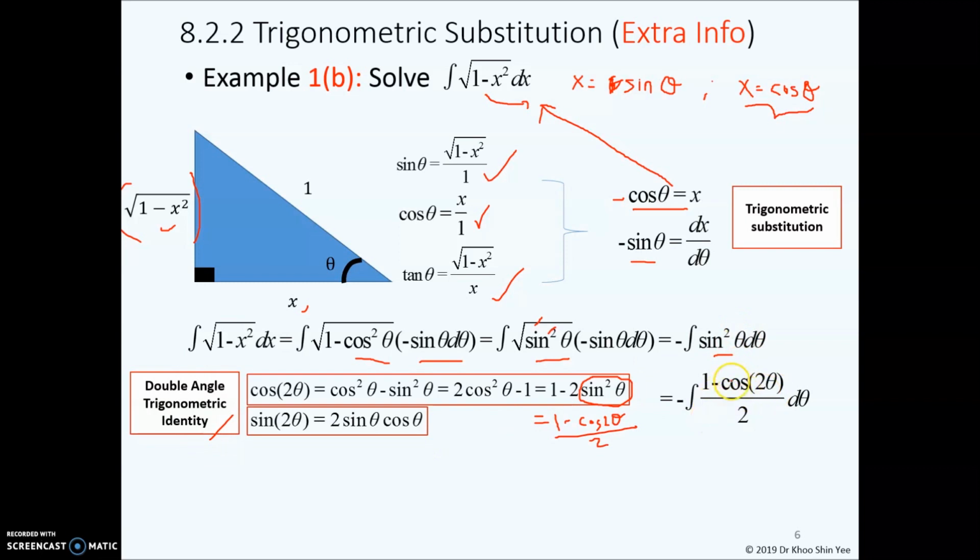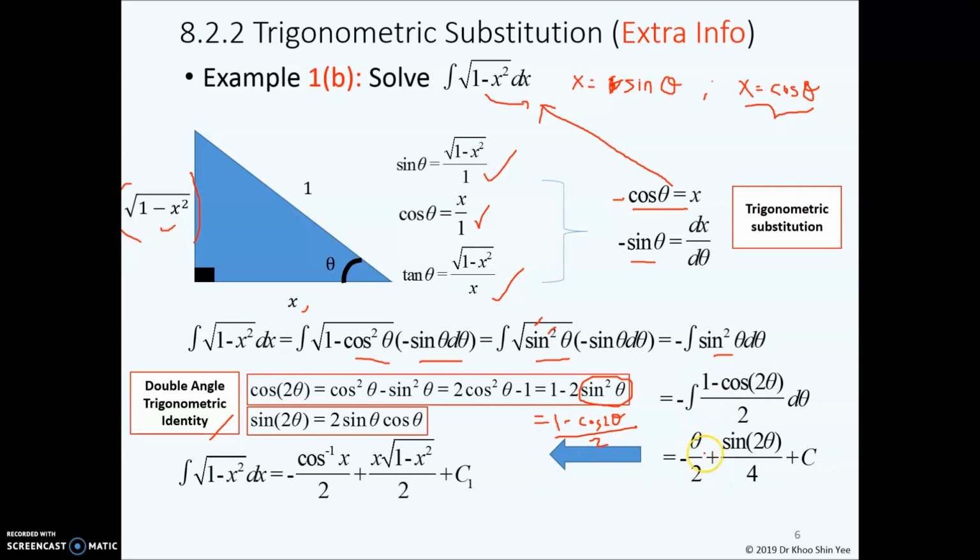Then you can substitute this, and 1 over 2 after you integrate, if we just go straightforward, you can get angle over 2. Because you have a negative here, we put it here. And on the cos part, cos you get sine, okay, the negative and negative become positive. You differentiate the 2 angle here, so you should divide by 2. 2 multiplied by 2 here, you get 4. So this is your constant.